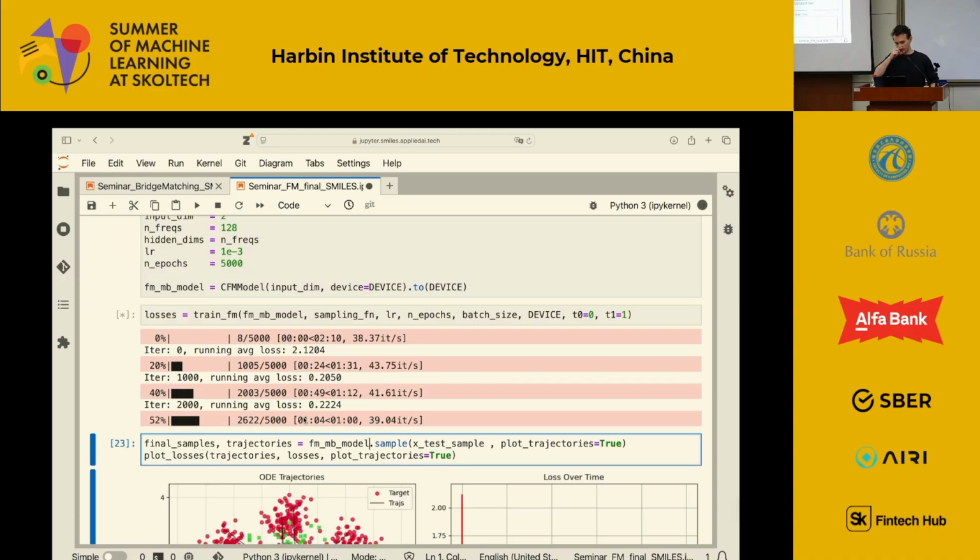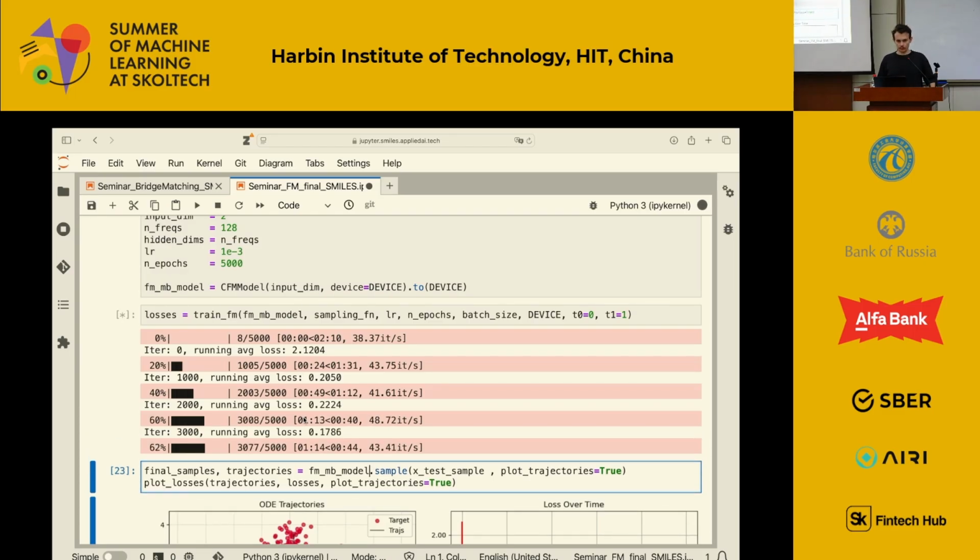Also, as you can see, the training of the previous flow matching took 1 minute, and the training of this flow matching takes 2 minutes. Why? Because solving mini-batch optimal transport costs some computation. That's why it is 2 times costlier in terms of compute.